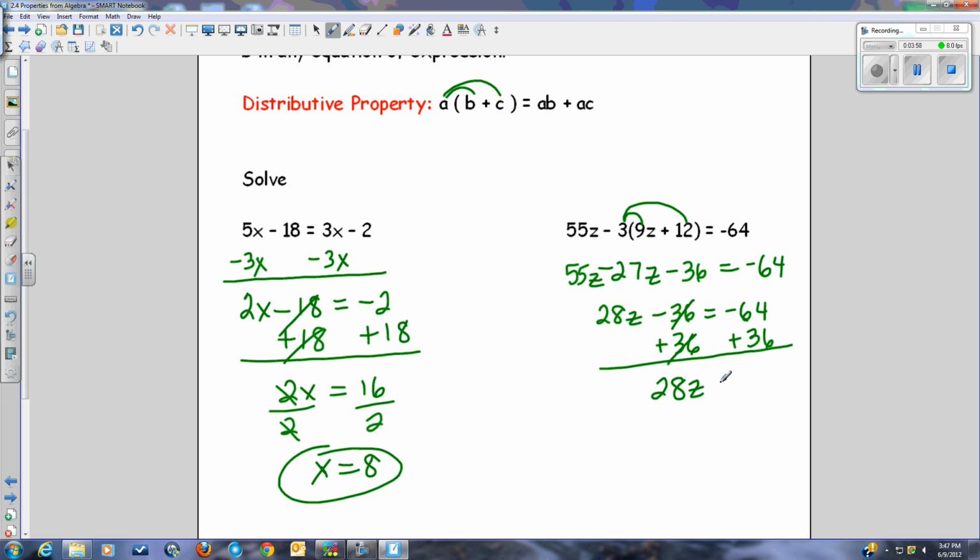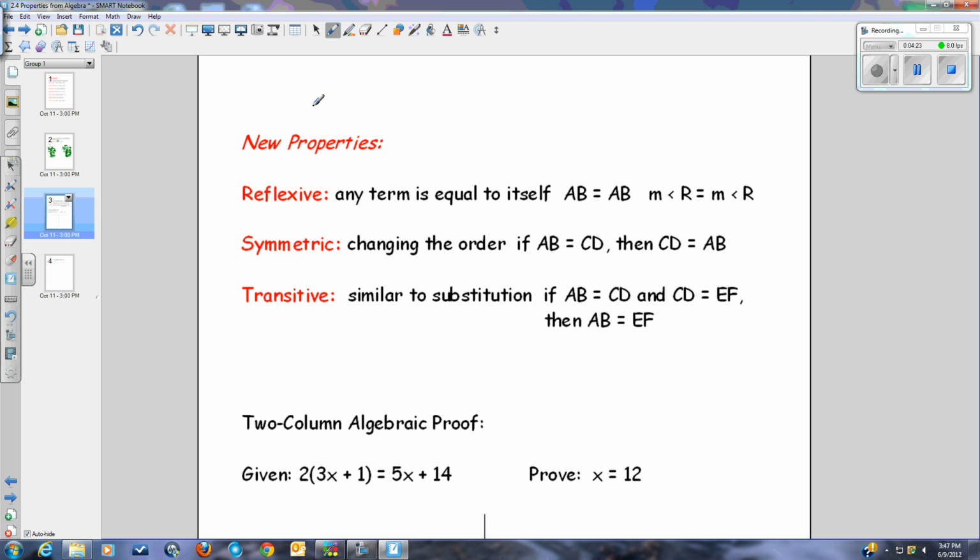And we have 28z equals negative 64 plus 36, which gives us negative 28. We get z alone by dividing each side by 28. The 28s cancel, and we end up with z equals negative 1. So that was just a quick refresher on solving equations. Let's move on to the next page.